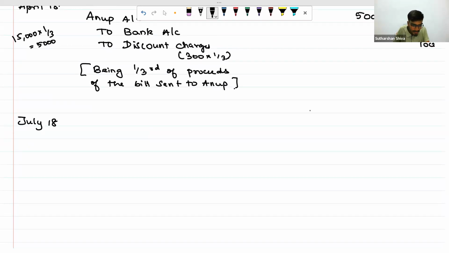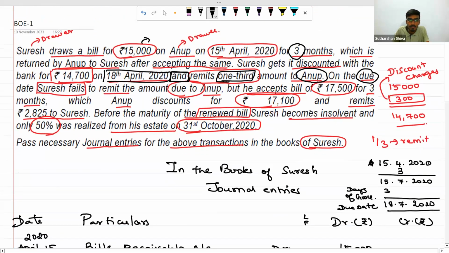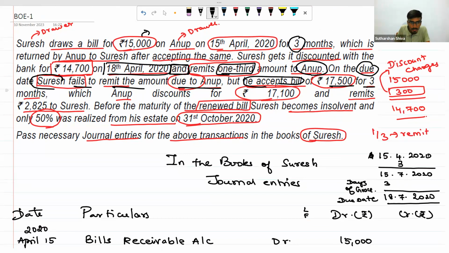On July 18th, what has been done? That's the point. On the due date, Suresh fails to remit the amount due to Anup, but he accepts a bill of 17,500 rupees for 3 months. Now it is completely reversed. Suresh fails, so he is accepting the bill.